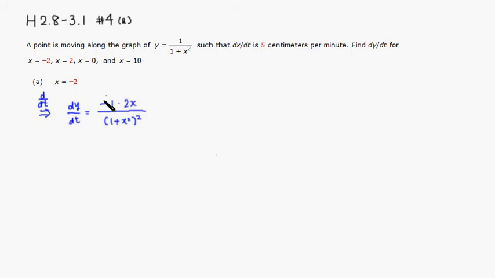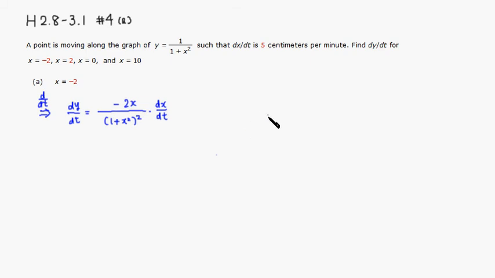So I'll probably just write the negative 2x. And then you have to multiply by dx over dt. You just take the regular derivative with respect to x, but we have to multiply by dx over dt since we're taking a derivative with respect to t.